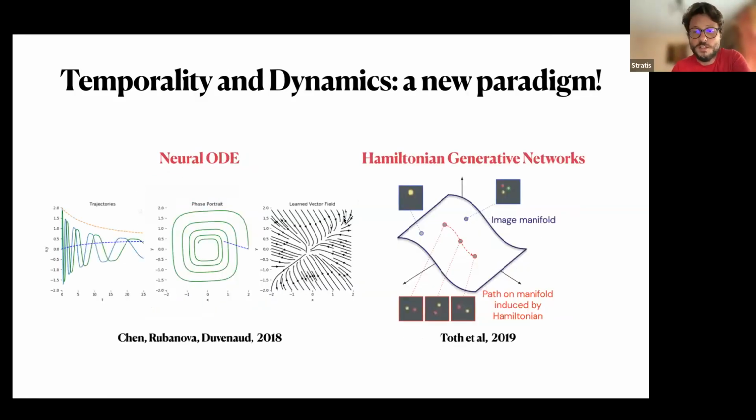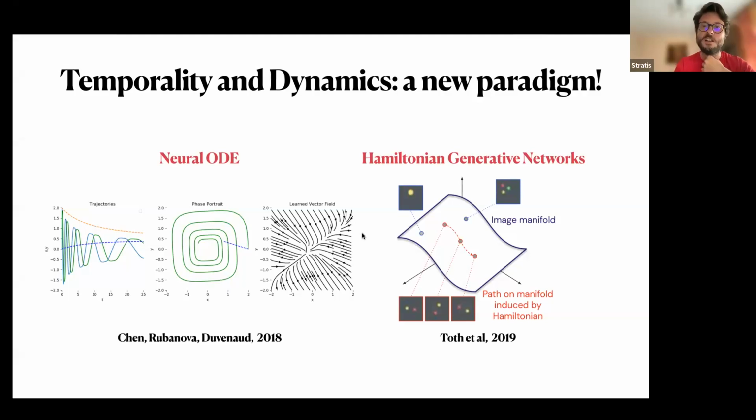Of course, we had neural ODEs a couple of years back, a paper that won the best paper award at NeurIPS. It was a very interesting, very fascinating approach that looked at neural networks as ODEs. Or Hamiltonian generative networks that try to embed Hamiltonian formalism into the latent space of neural networks, to the image manifold, to the video manifold, and so forth.